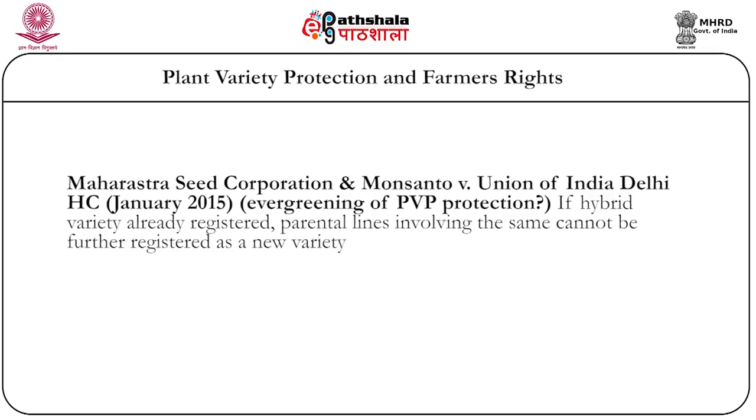The question was, if a hybrid variety is already registered, whether parental lines involving those can be registered under the Act as a new variety. The Delhi High Court denied registration of parental lines based on the argument that such a registration would allow extension of the overall protection available for the variety.